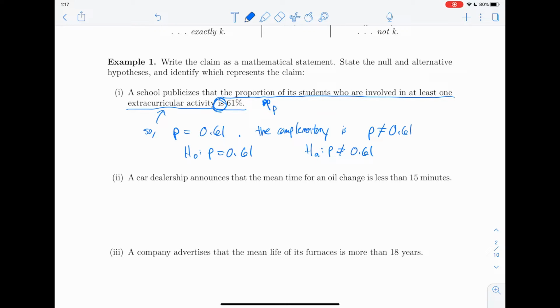Once you write out the null hypothesis and the alternate hypothesis, we then need to choose one of these two options to be the claim that's being put forth. The school is making some sort of a claim, and their claim seems to be the equal statement.